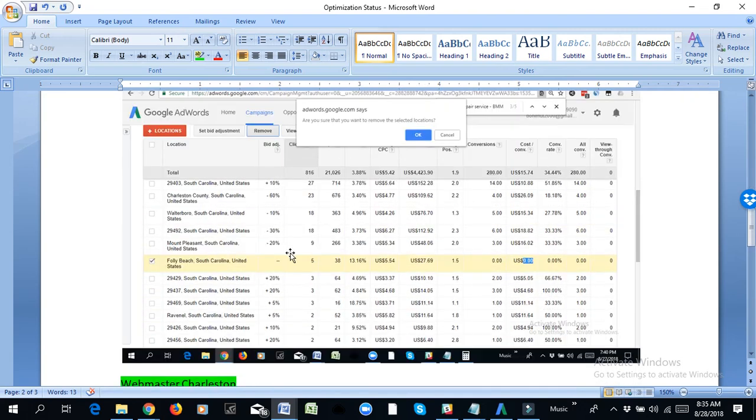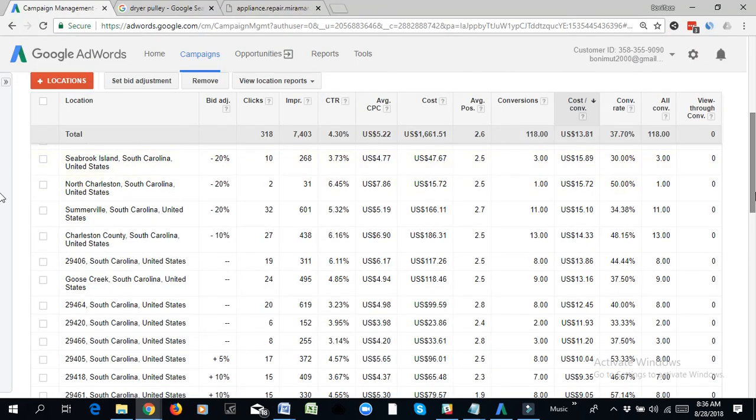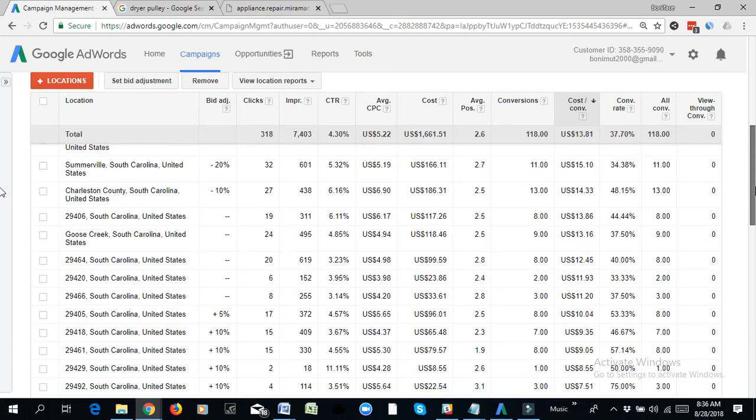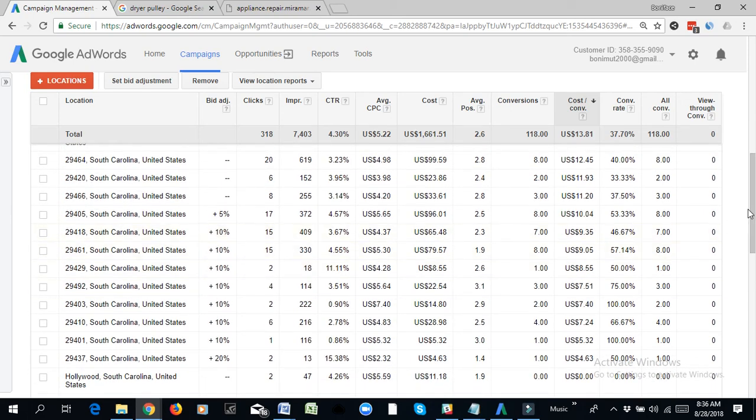This is one that I got rid of from one of the campaigns. So we had 5 clicks and no conversion. In that case, that was becoming expensive, already having spent $27.69 there. I just got rid of that area, so I removed it. So you just select it, you remove, then you confirm. So that's how I removed that one. That's the other thing that we may end up doing if we find any of these is expensive.